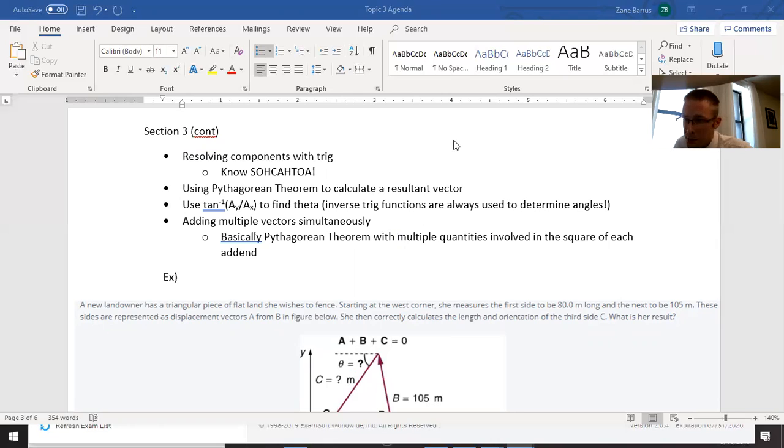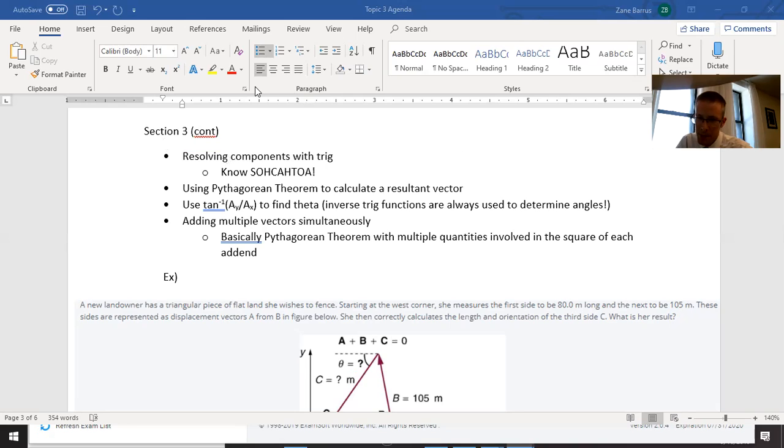SOHCAHTOA, basically for those who are maybe a little bit rusty, is an acronym for side ratios and right triangles. So we're going to be practicing that a little bit today with some examples. So this is a very rich page I need you to take notes on really well. And I know we're being kind of brief in my agenda, but you got to know your SOHCAHTOA.